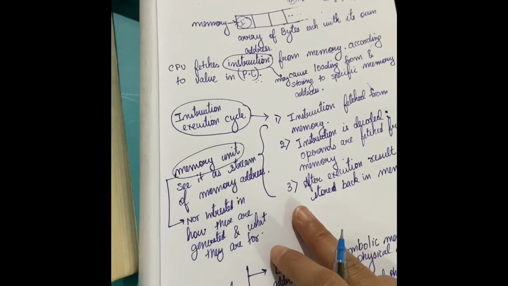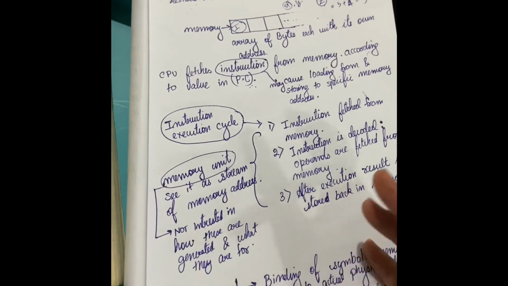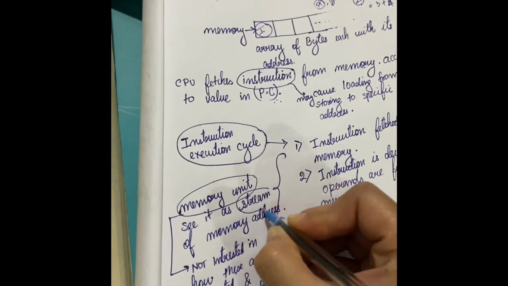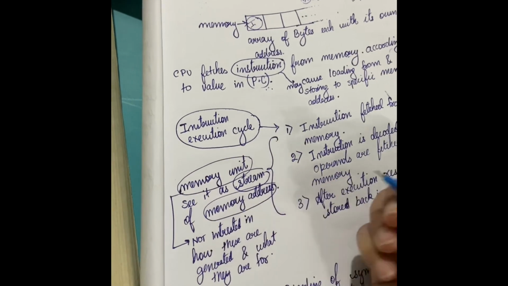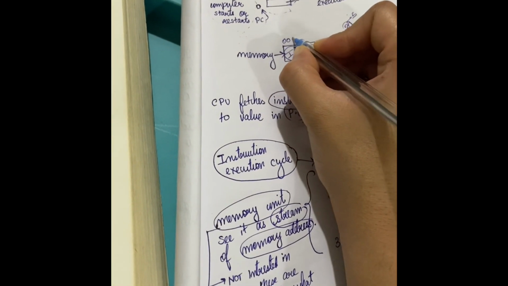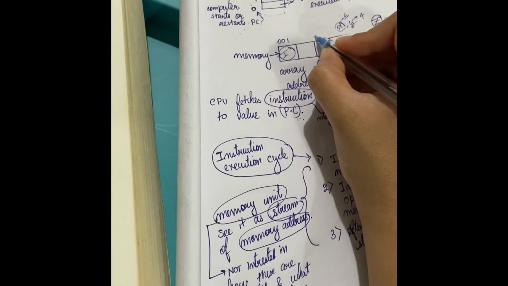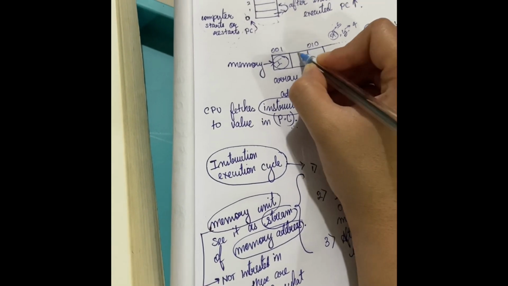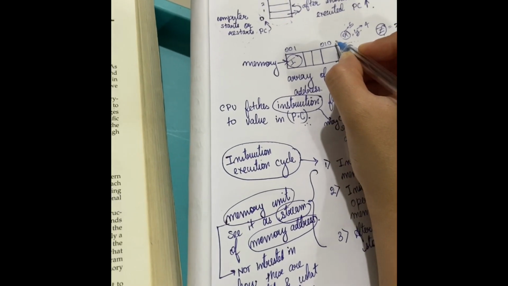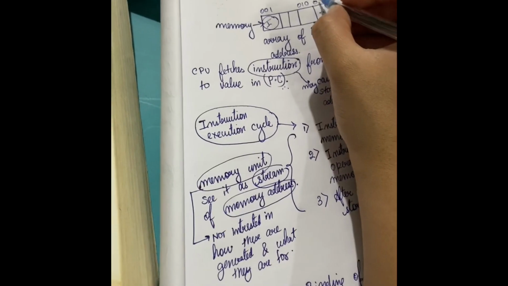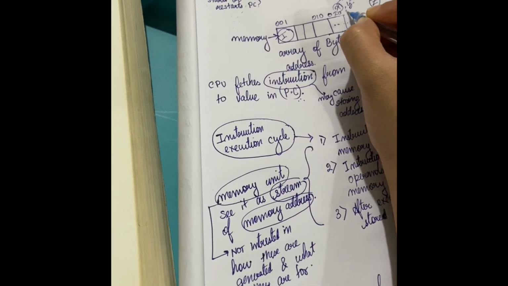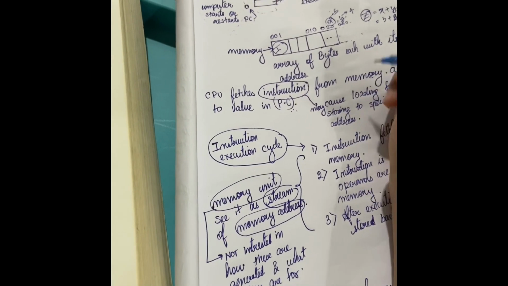The memory unit does not see how these instructions are generated or what they are for. It just sees a stream of memory addresses. Suppose this instruction was stored at 001, x was stored at 010, and y at 020, and z at 040, just as example addresses.